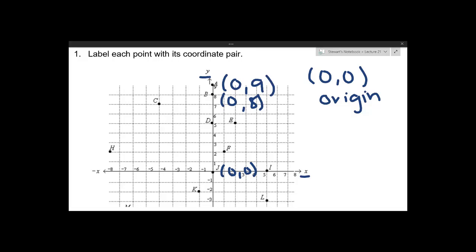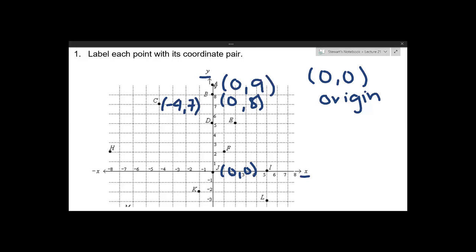Now for C, we see that we go over to the left 1, 2, 3, 4 units, and then we go up 7 units. So the way we'd say that is -4, 7. We go to the left 4 and then up 7. And that's important to note too.